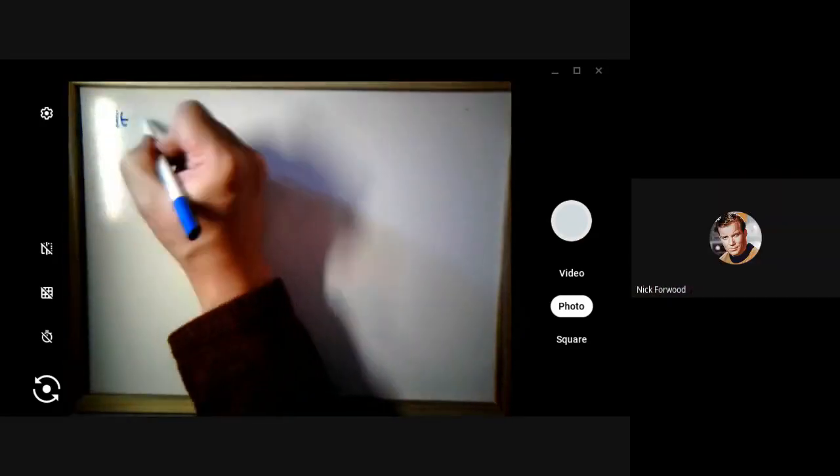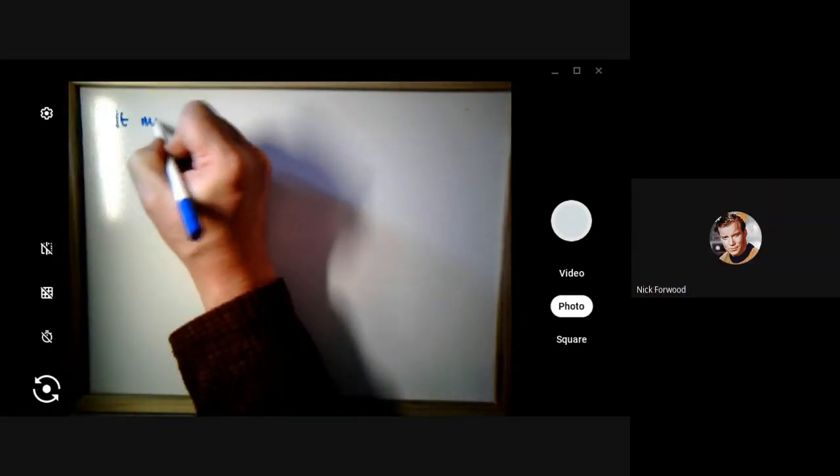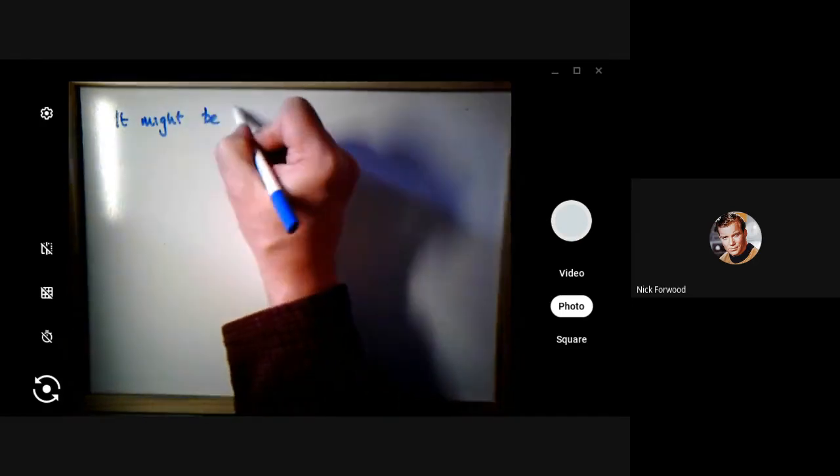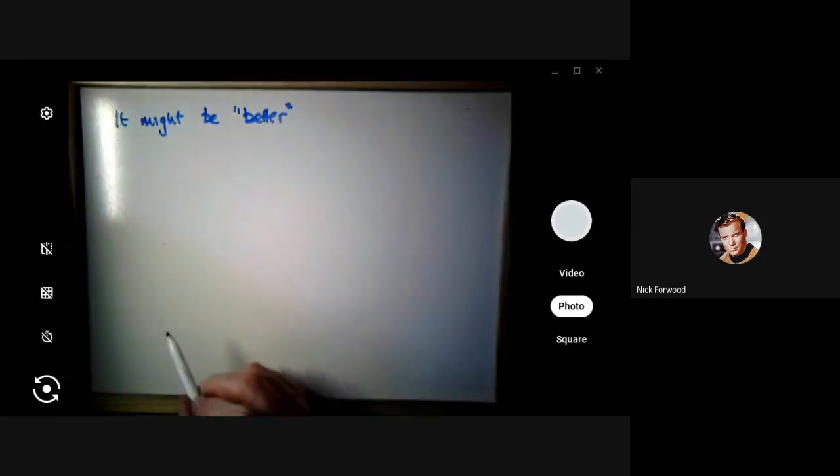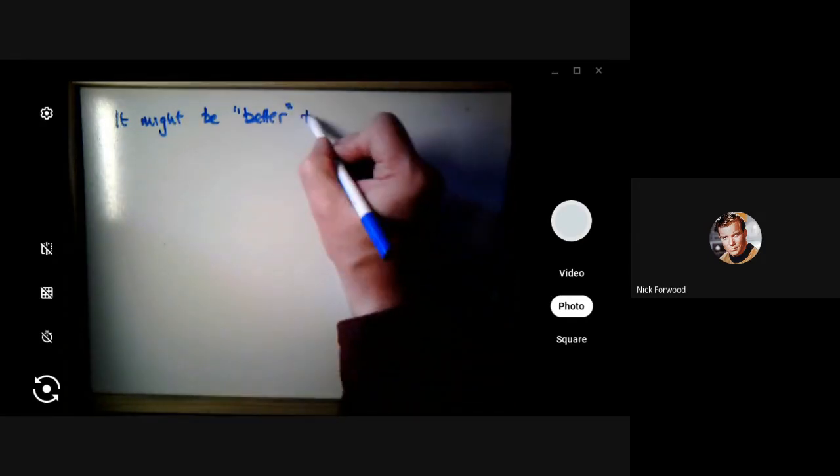Now, no radiation's good, but it might be, and I'm going to say better. It's not really that much better, but it might be better to receive it spread out.